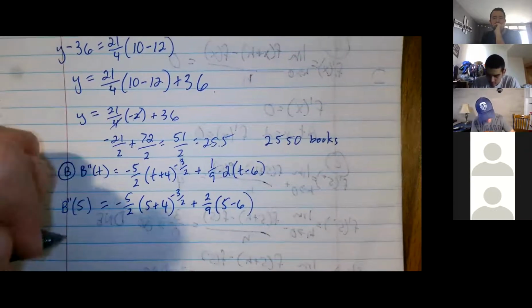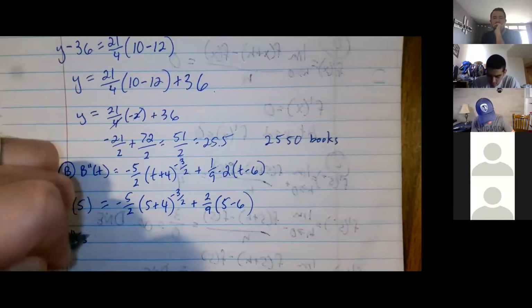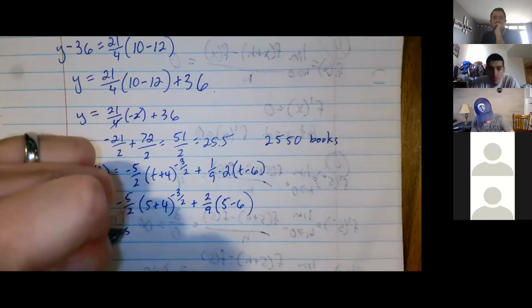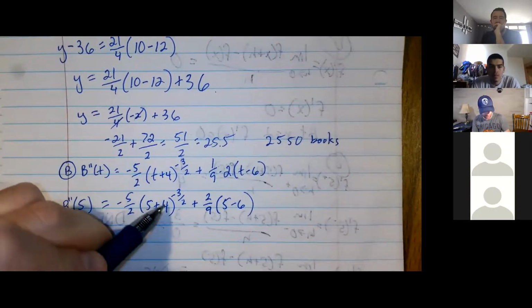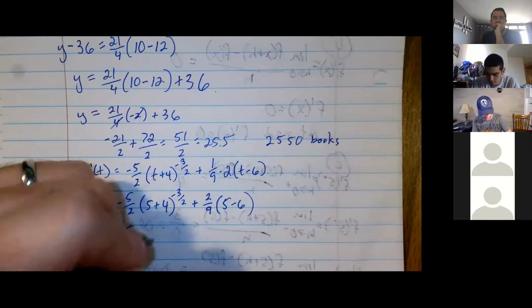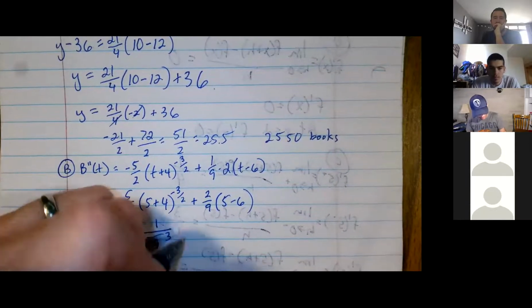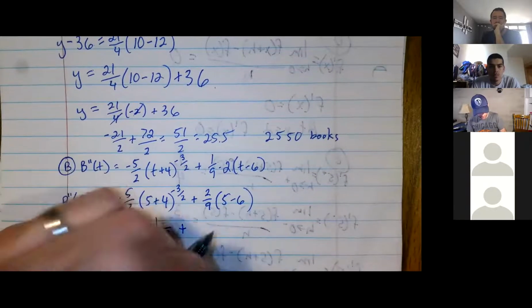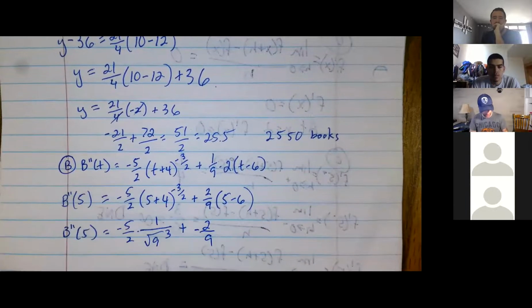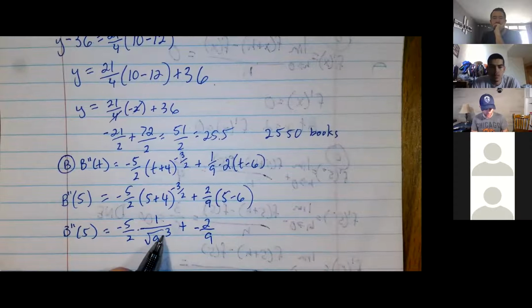But if we do b double prime of 5, that would be -5/2. 5 plus 4 is 9 to the -3/2, so that would mean 1 over the square root of 9 cubed, and then plus 5 minus 6 is, of course, -1, so this just becomes -2/9. The square root of 9 is 3. 3 cubed is 27.